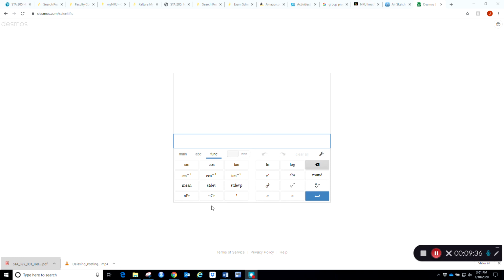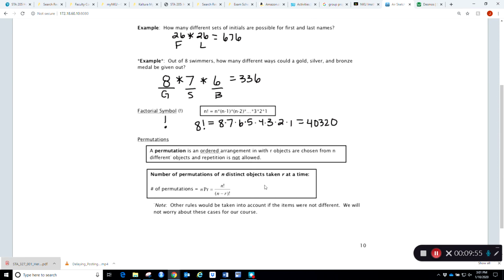If you're ever having problems finding these on your calculator, just come talk to me and I will help you find them. So here's the exclamation point, which is our factorial. So if I do 8 factorial, we get that 40,320 that I just showed you.